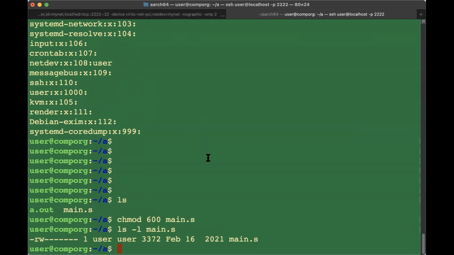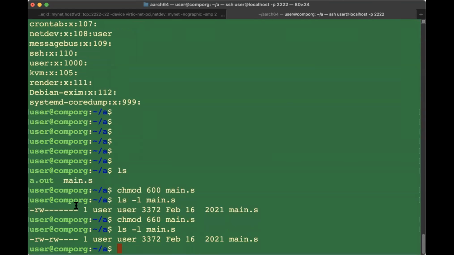But let's say you want to share that with people who are in the payroll department. Suppose there's a group named payroll, then you could add permission bits that allow you and anyone who's a member of the payroll group to access the file. So chmod 660 main.s.